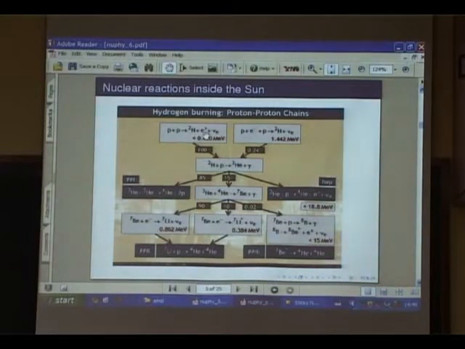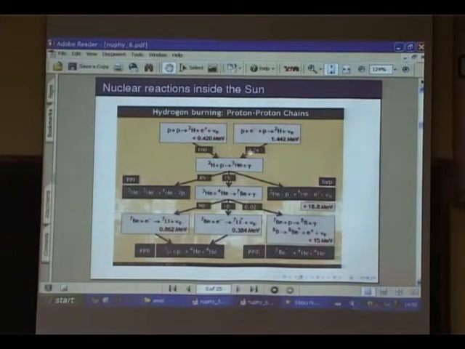But the initial reaction is always this. Now this reaction has a maximum energy of 0.42 MeV, very low energy, and occurs 100% of the time. This is slightly higher energy. So neutrinos that come from pp and pep are in general low energy neutrinos. In the next slides we will call them pp neutrinos and pep neutrinos. Just the names.